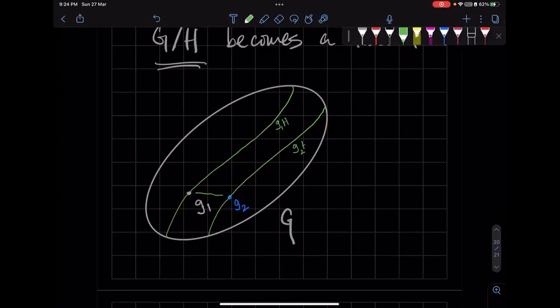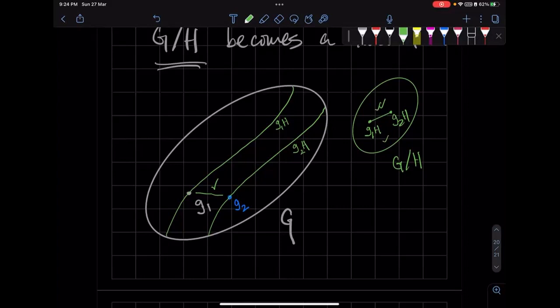So we have now another space, which I'm going to call G over H. And in this space, the distance between G1H and G2H is the same as this distance. So if they were very close, then they would be very close here. If they were very far apart, they would be very far apart here.